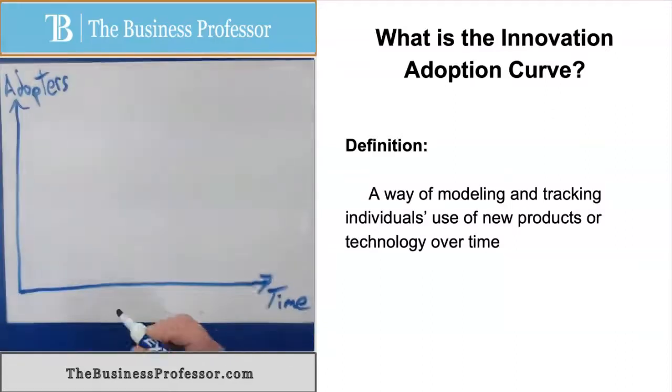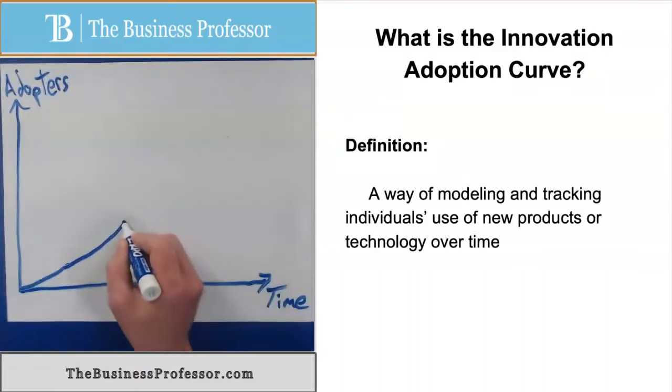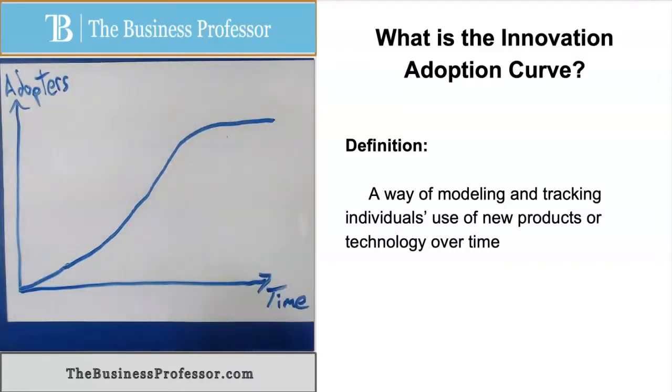So the idea behind this innovation adoption curve is that at first, not a whole lot of people are going to jump out and grab the product as soon as it's available. But then, over time, it's going to increase, and then it's going to level out towards the end there.